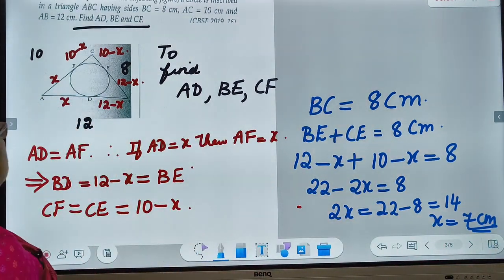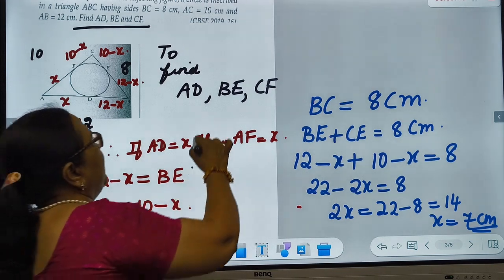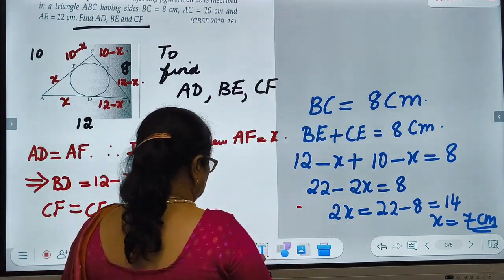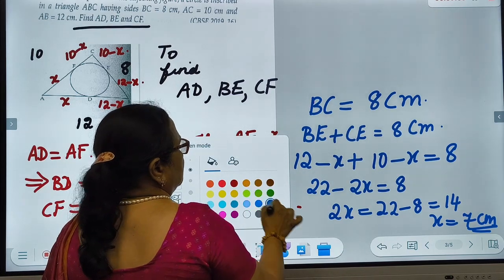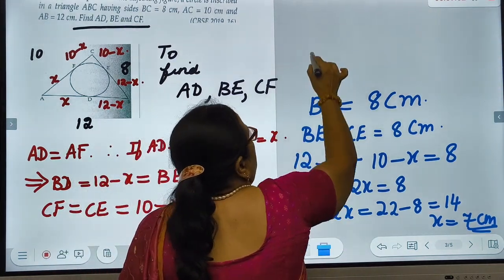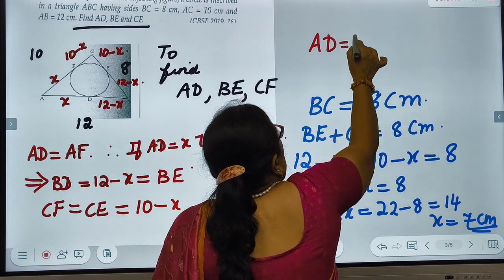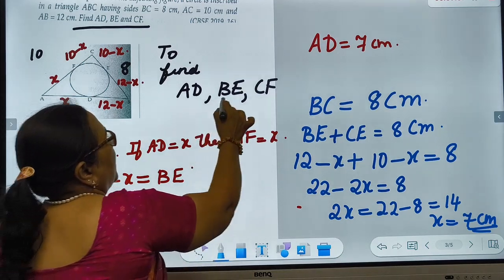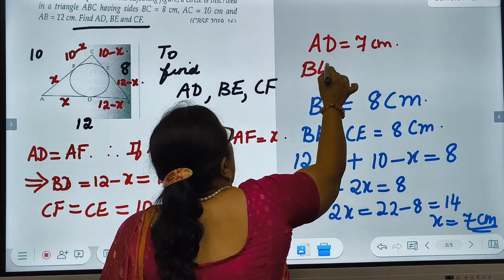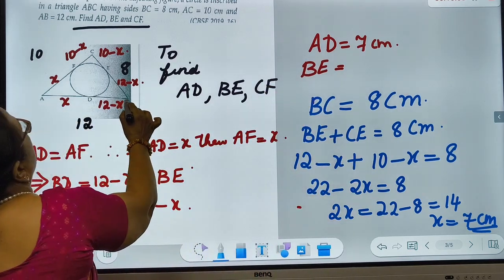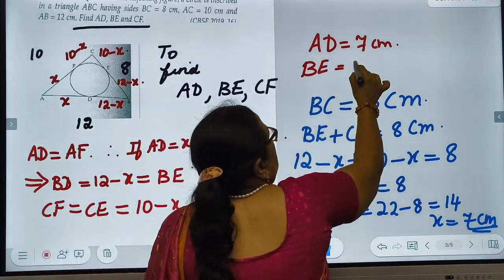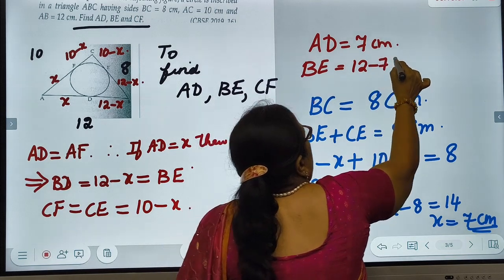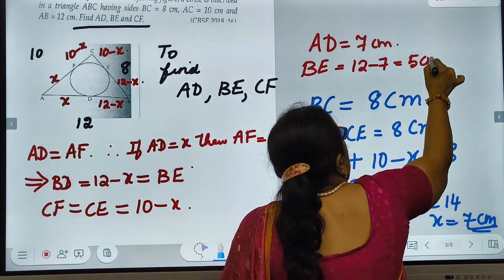If X is 7, then what do you get? AD will be equal to, this means AD equal to 7 centimeter. What else do you need to find? BE. What is BE? BE is 12 minus X. So, 12 minus 7, which is 5 centimeter.